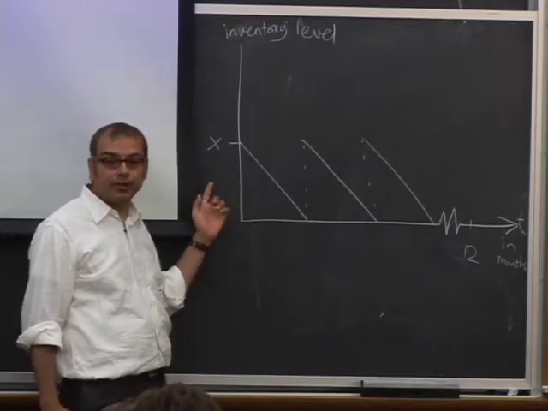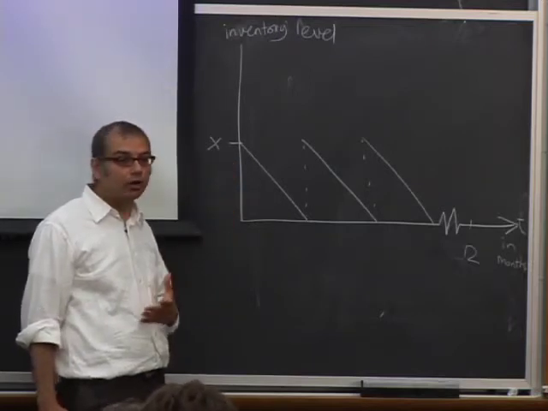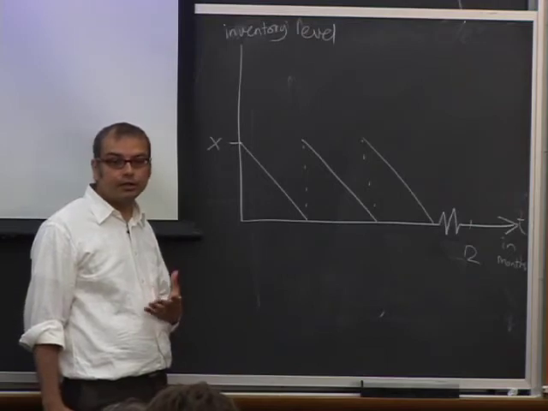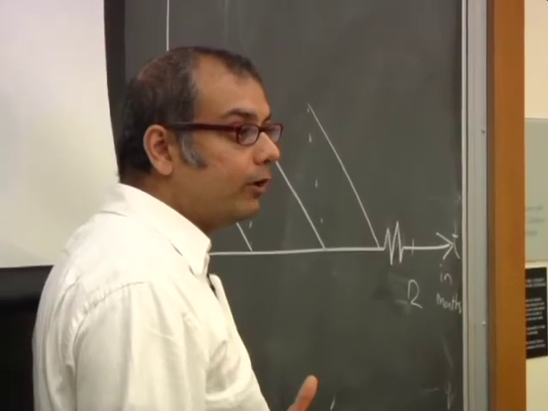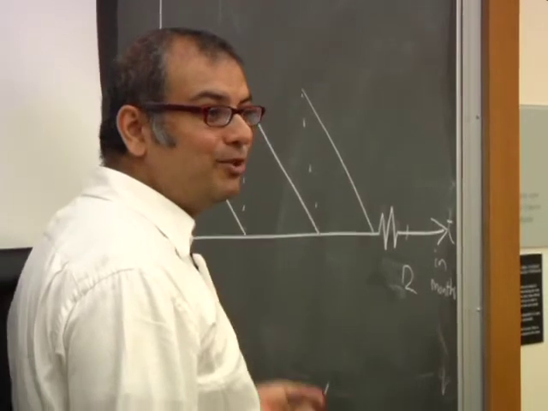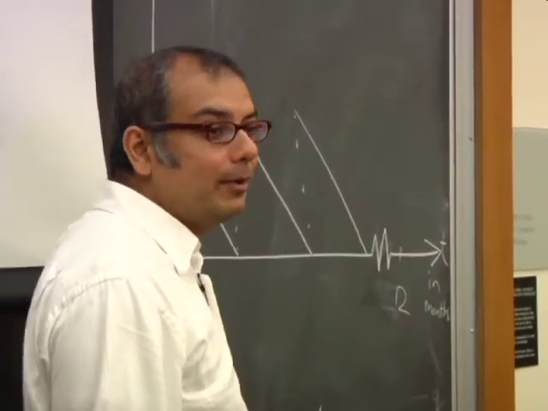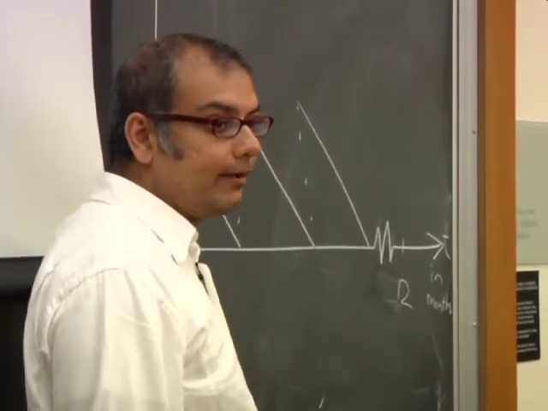And because I've constrained my total order quantity annually to be 1,200, if I choose an X, I also determine an N. Okay?